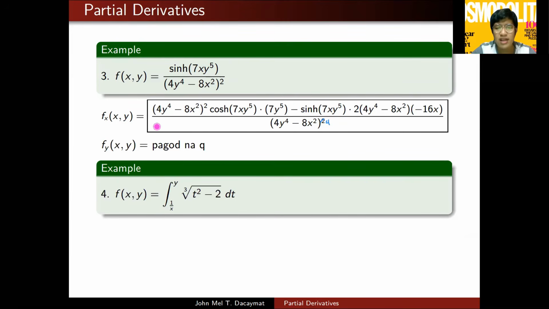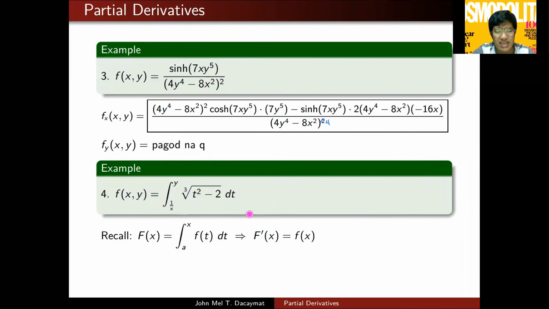And anong ginagamit natin? Recall natin yung ating first fundamental theorem of calculus. If I have a function like this, again, yung input kong x nasa bounds, nasa upper limit of integration, then yung derivative ng function na to is just f of x. Just take the integrand and change the variable to x.